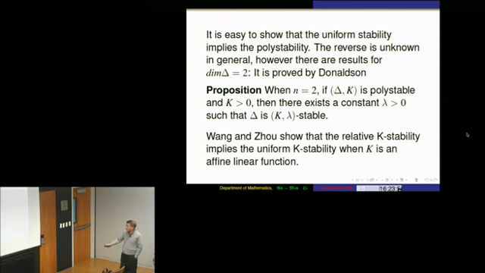Wang, Xujia, and Zhou show that relative K-stability implies uniform K-stability when K is an affine linear function. For the general case, we don't know. This is also for 2 dimensions.